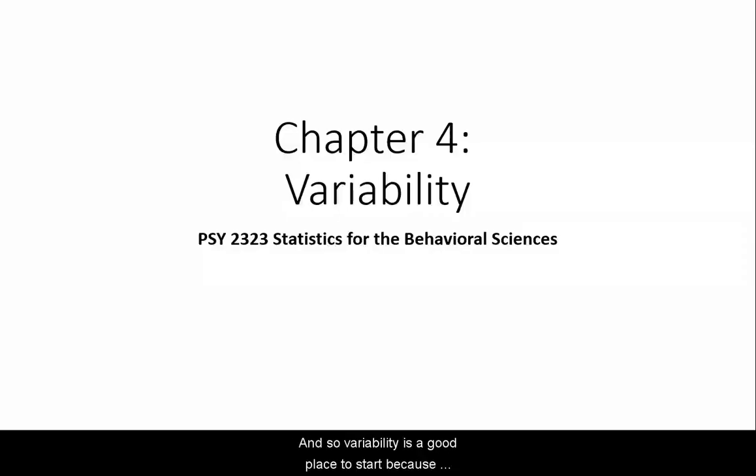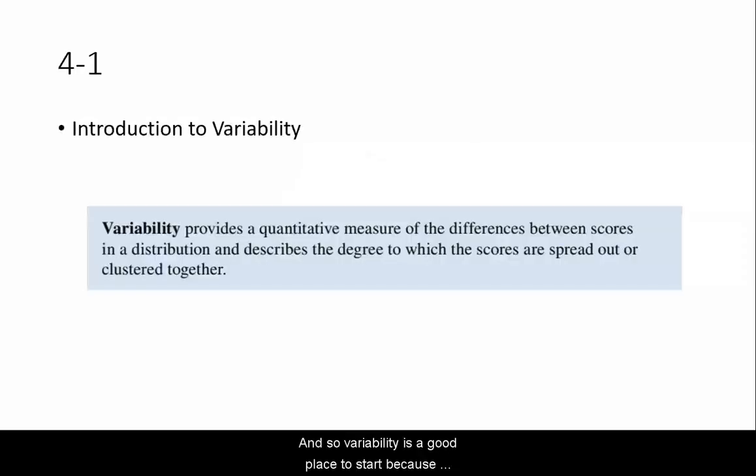And so variability is a good place to start, because basically what variability is, is how spread apart our data set is. Do we have a bunch of numbers that are clumped really, really closely together, making any one of them a pretty good representation of the entire group? Or are they spread out, meaning that we're going to have to work a little harder to find a good way to describe our group in entirety than just taking the score in the middle, that mean?